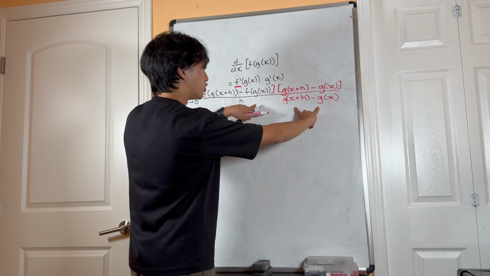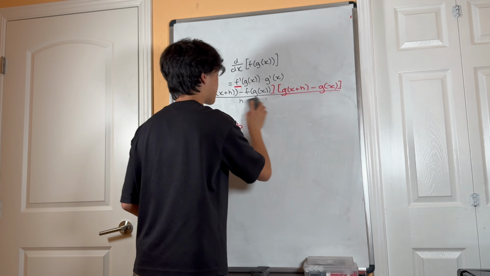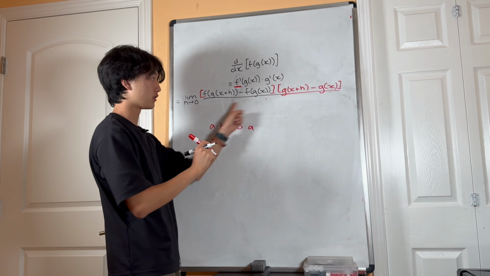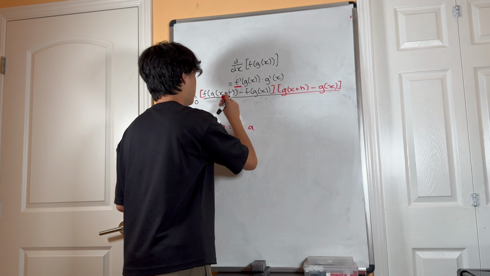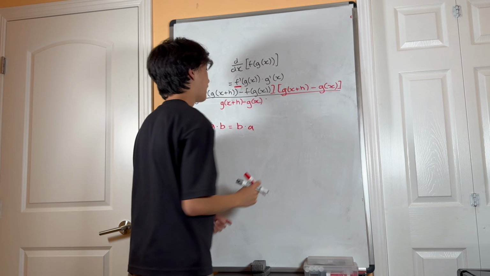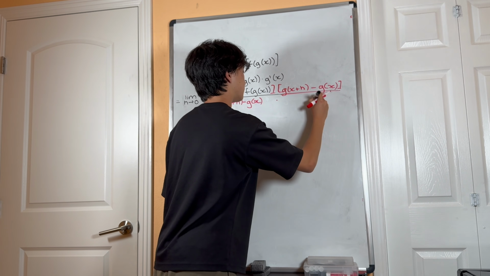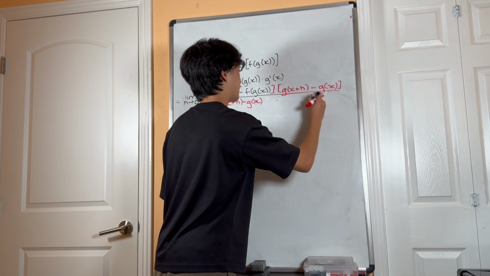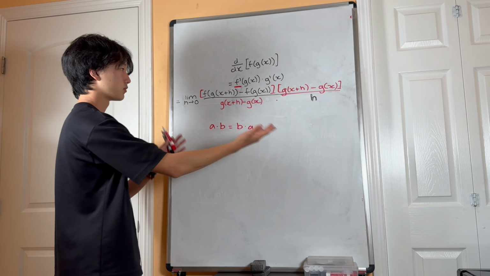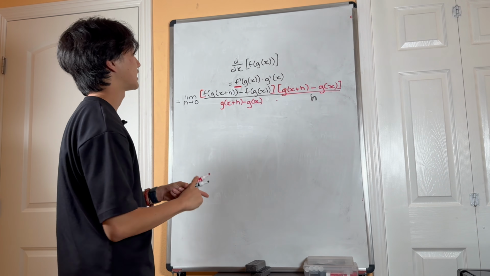So what we can do is just swap the order of multiplication. Take this g of x plus h minus g of x and plant it in the denominator of this first fraction right here, so g of x plus h minus g of x, and then we multiply by the h that we already have. Like that. So the value still stays the same. So that's the major step to getting this done.